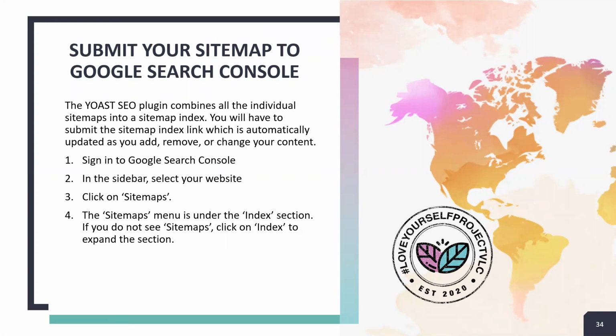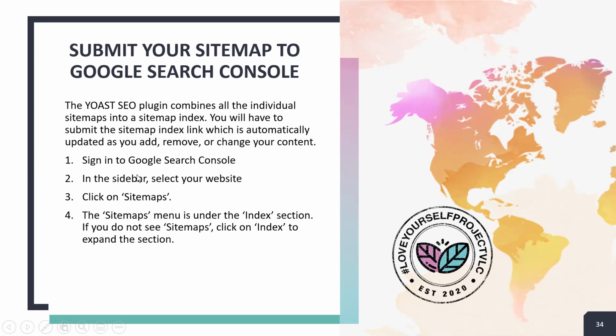Once you've copied it, we now head back to Google Search Console, because the Yoast SEO plugin combines all the individual sitemaps into a sitemap index. So all you have to do is submit that sitemap index link once, and it's automatically updated every time you add, remove, or change your content on your website.